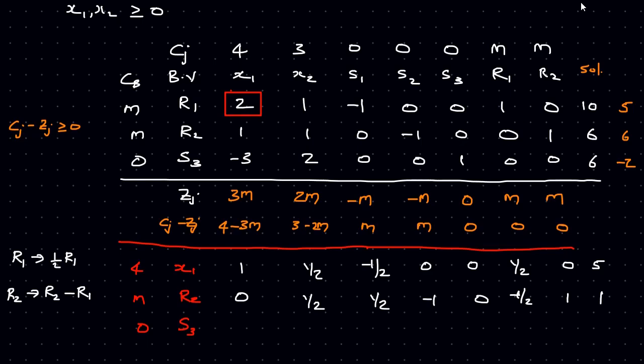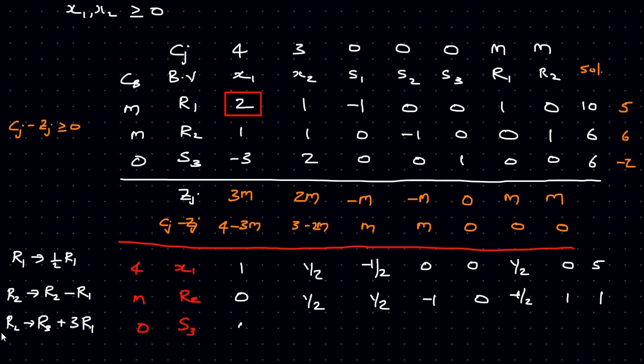Okay, and for R3 we have a minus 3 here, and to get this 0, what we need to do is add R3 with 3 times R1. So this is minus 3 over here, so if we multiply this R1 with 3 and add it, you get a 0.